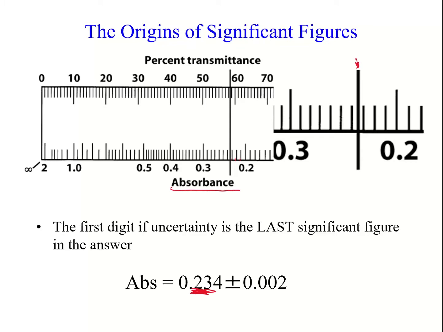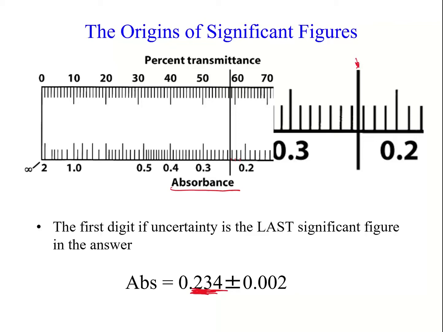We could say that the absorbance value is 0.234, and since our readout line is 2,000 units wide, we can say that this answer is only certain to plus or minus 0.002. Plus, the absorbance scale is a nonlinear scale, and so readout is even more complicated. So every measurement has some uncertainty, and conclusions can be expressed with a high or a low degree of confidence, but never with complete certainty.